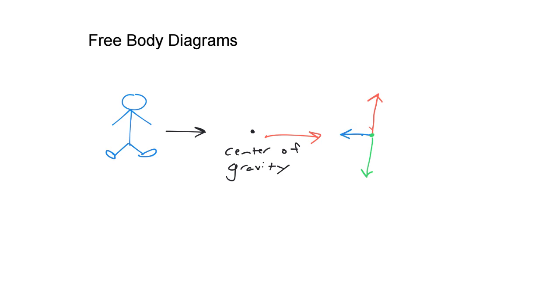And maybe they're still trying to pick up some speed, so they've got some forward pushing force. A lot of things are happening. But all we see in our free body diagram is only the force vectors. So they're just all of the force vectors acting on a single point. We don't need to draw the actual object in the middle. It just makes it too messy.